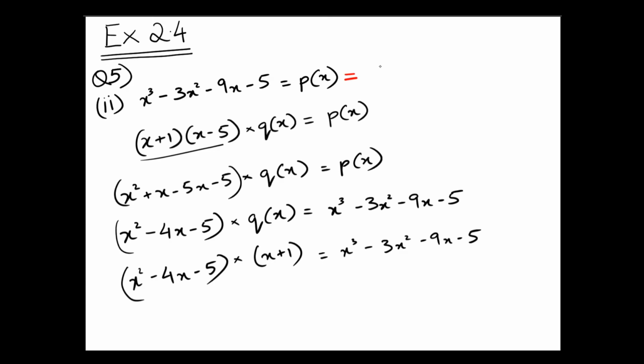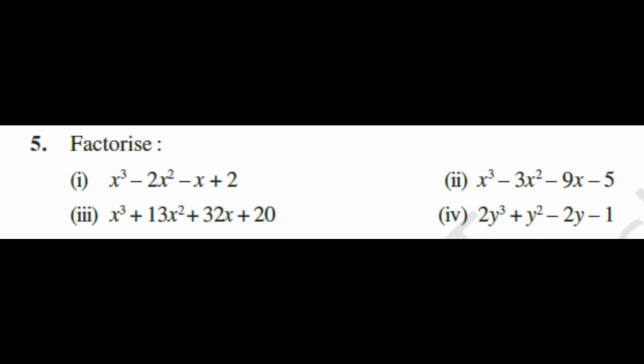And therefore, the factorization of given p of x would be x plus 1 into x plus 1 into x minus 5. That's the factorization of the second part.